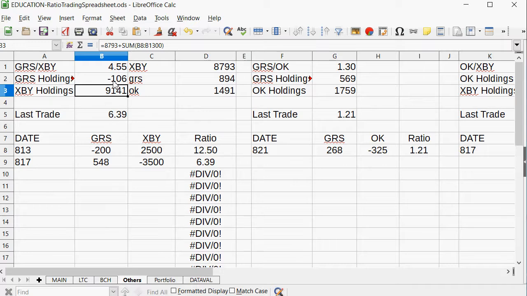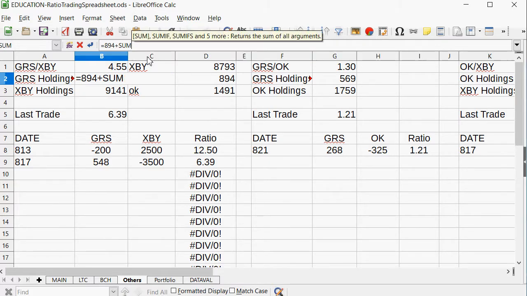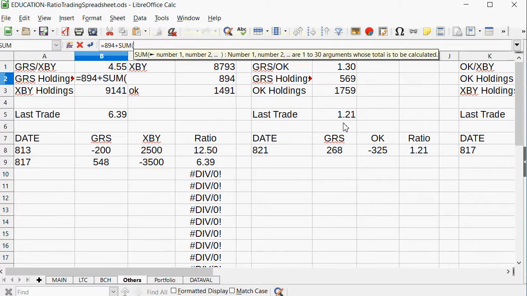How is this negative? It can't be. Sum plus the sum of C? No. Equals the sum of, okay, so it's GRS sum of this.